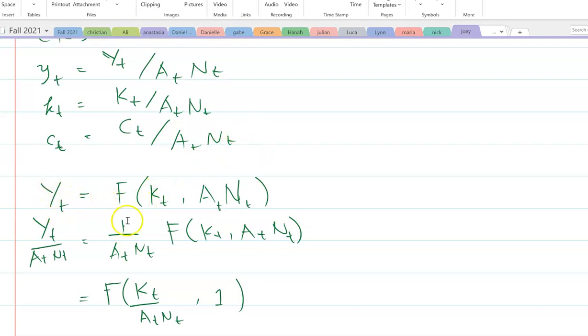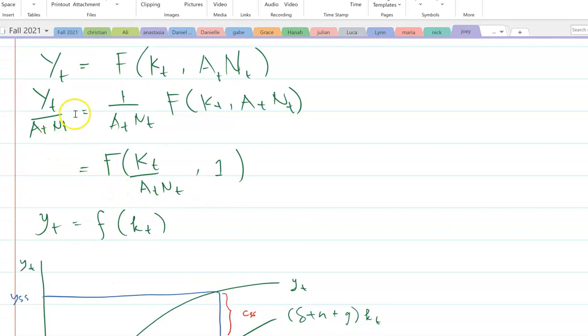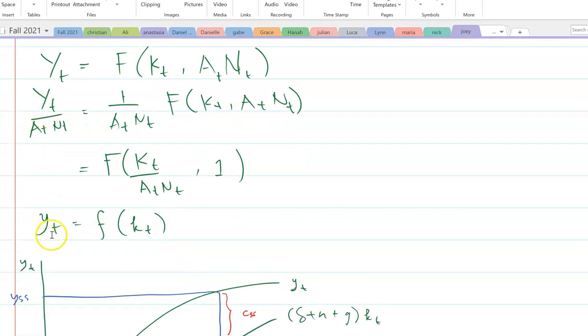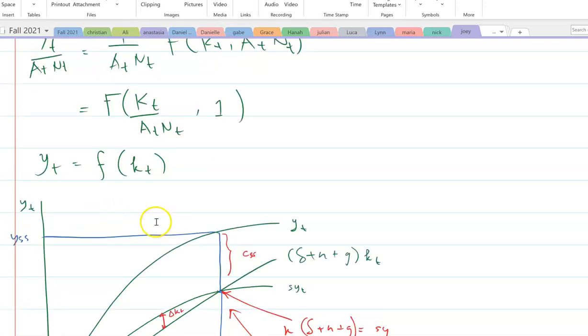Because we're assuming constant returns to scale, if I divide everything by A N, then this will happen here, right? A_t divided by A_t is going to be 1. And so we define this function as little f as a function of little k_t. So we have here the little y_t, the output per effective worker, which is a function of capital per effective worker.